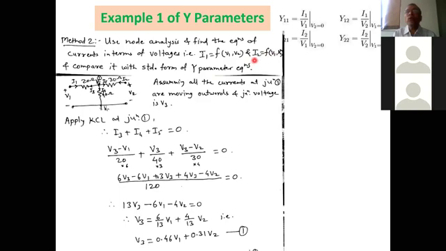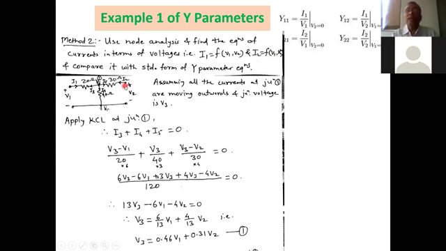That is, I2 equal to Y21 V1 plus Y22 V2. So this is the network. I have redrawn it. V1 is the voltage applied at port 1, I1 is the current flowing in port 1, and V2 and I2 are the voltage and current of port 2.